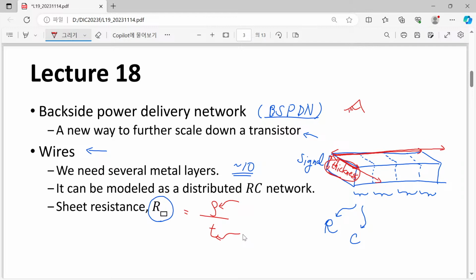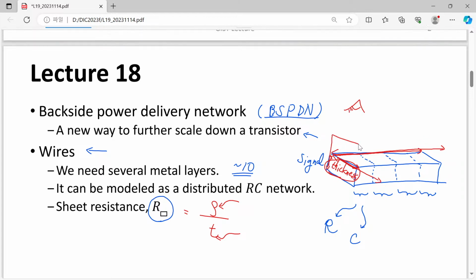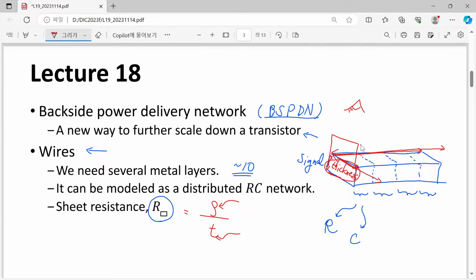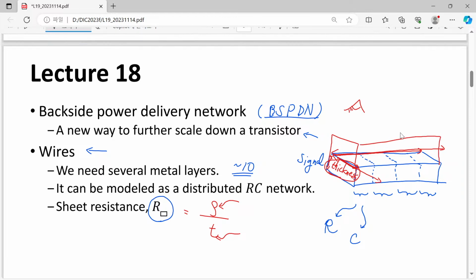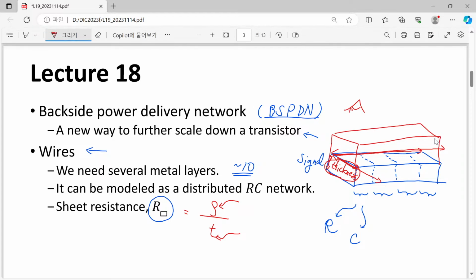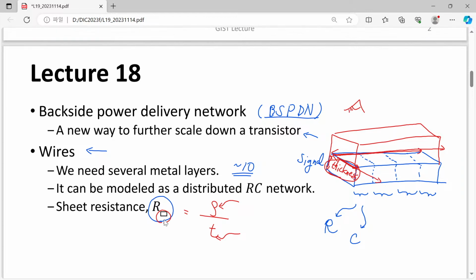If the thickness is large, for example, if our technology guys provide a tall wire, then for a given unit square we will have smaller sheet resistance.